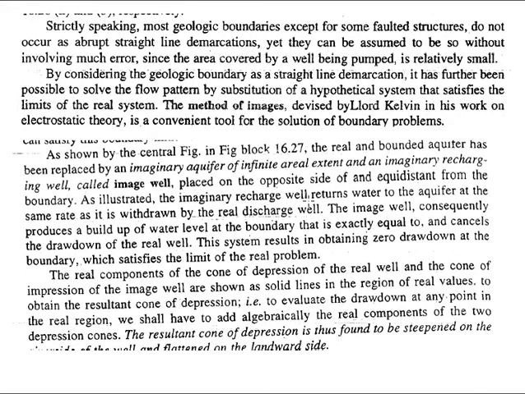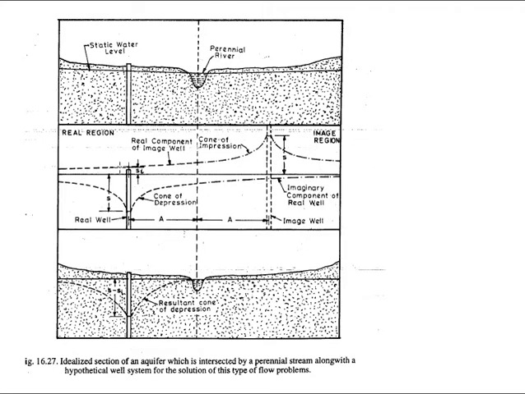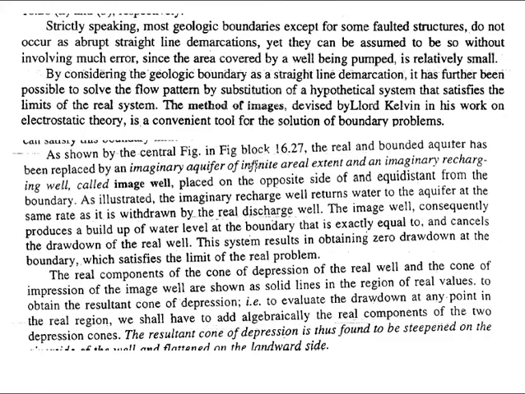That imaginary recharge will return water to the aquifer at the same rate as it is drawn in the real well. Whatever rate the water is being pumped at, the same rate of recharge will occur in that imaginary well, and that imaginary well consequently produces a buildup of water level at the boundary that is exactly equal to, and cancels, the drawdown of the real well.